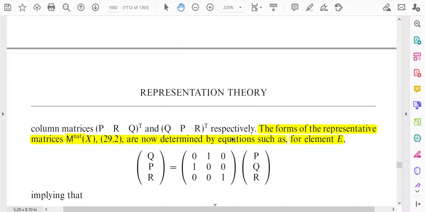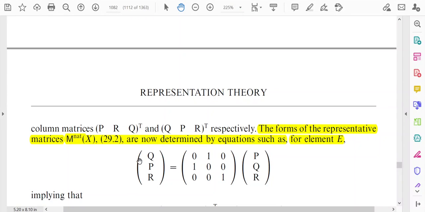Now, after obtaining all the column matrices, we can find the representative matrix M. So for example, suppose the element E corresponds to QPR transpose. So we are writing element E, so this is QPR.